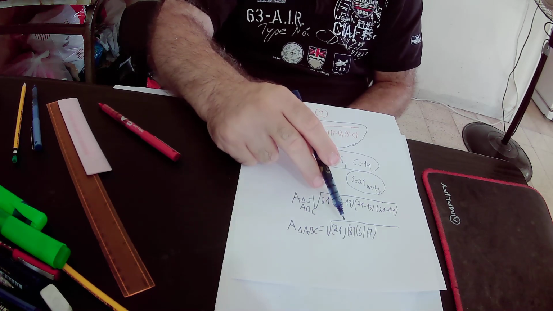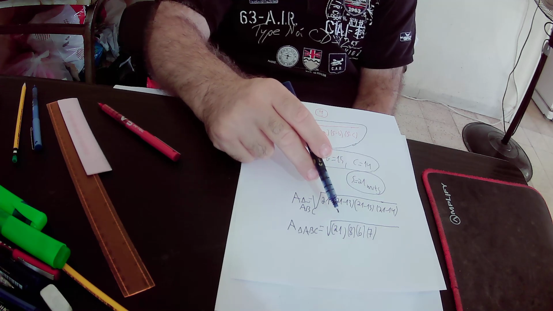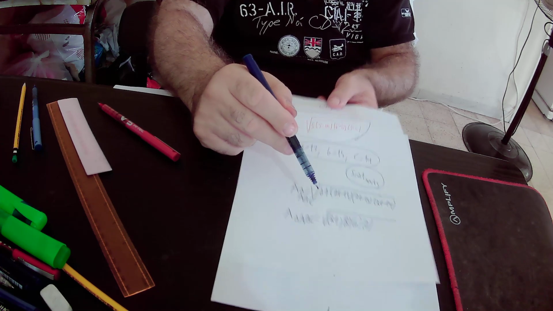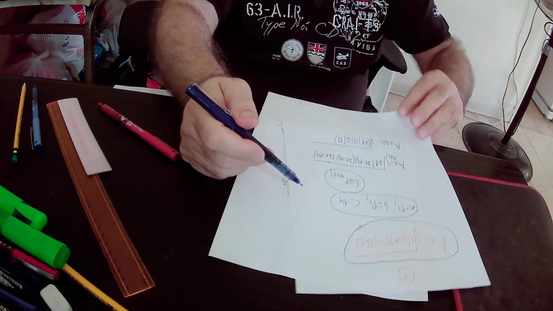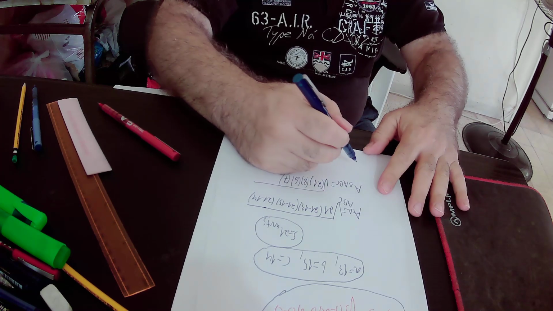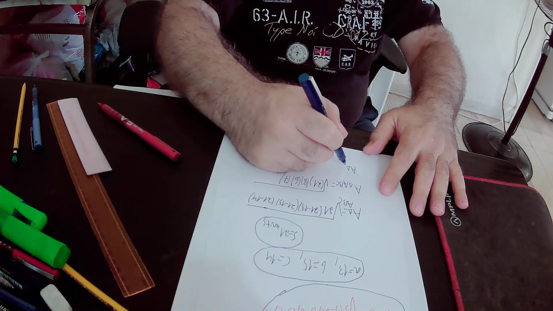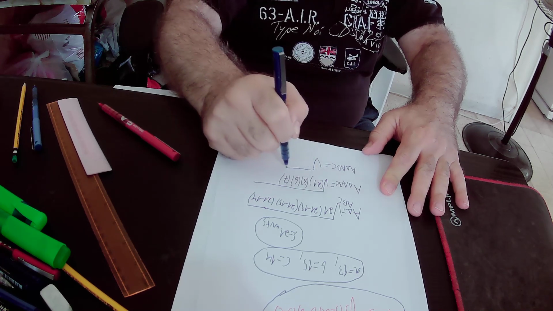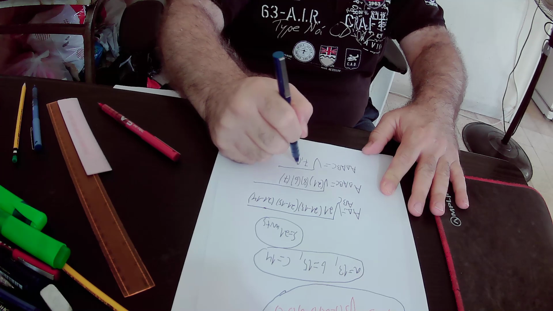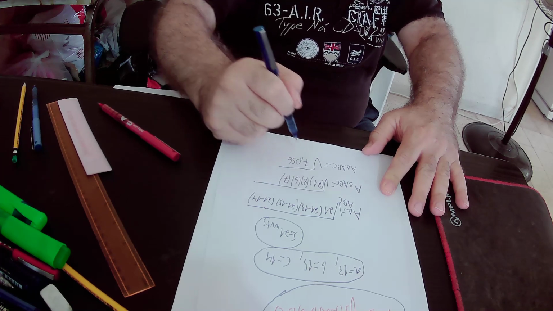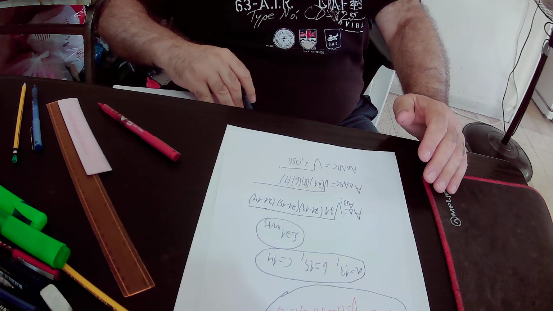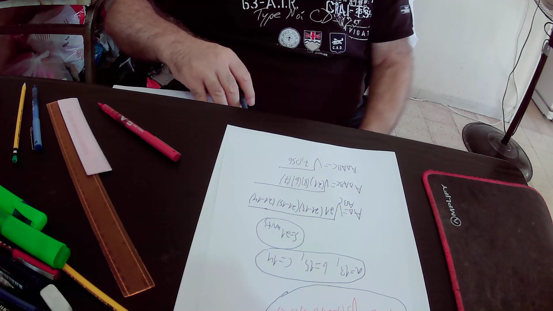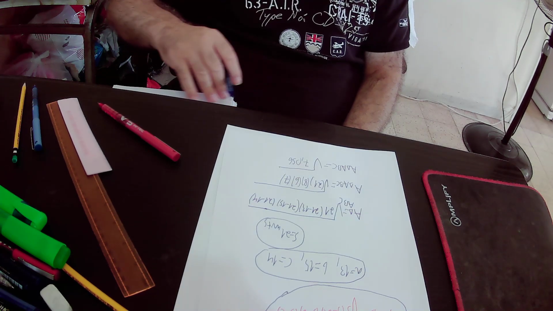So the outcome of this multiplication is 7,056. So the area of triangle ABC equals the root of 7056, and the root of 7056 equals 84 square units.